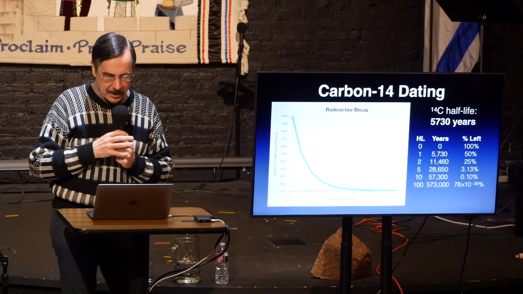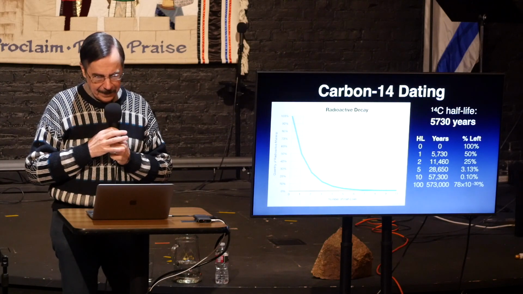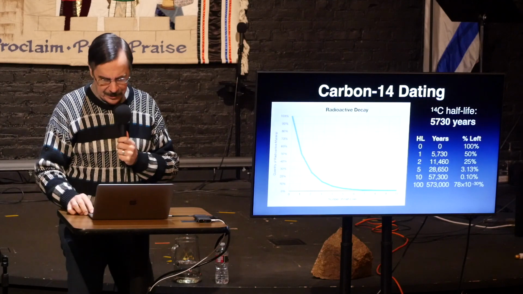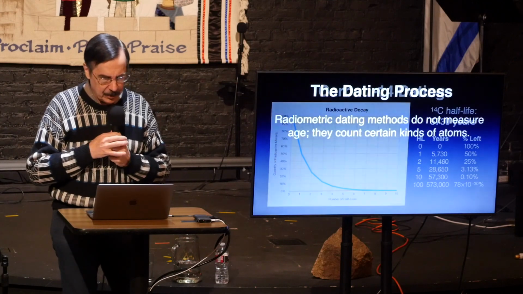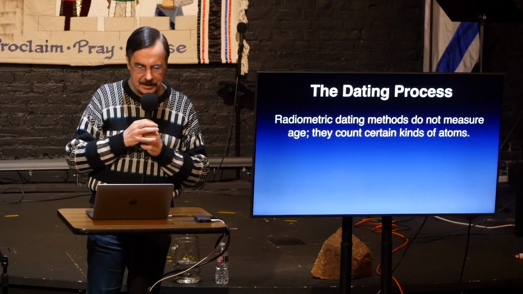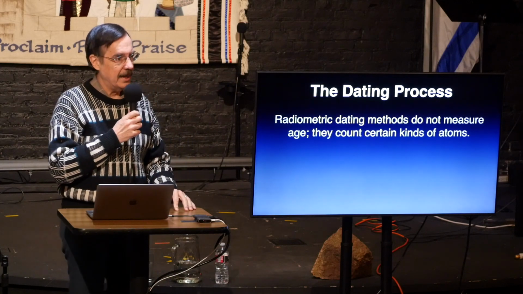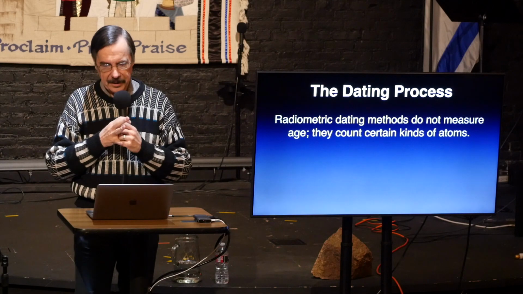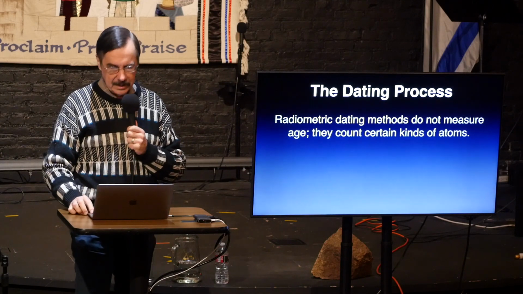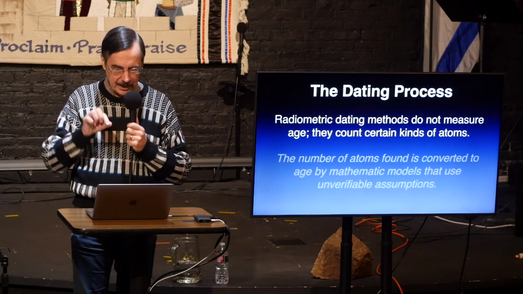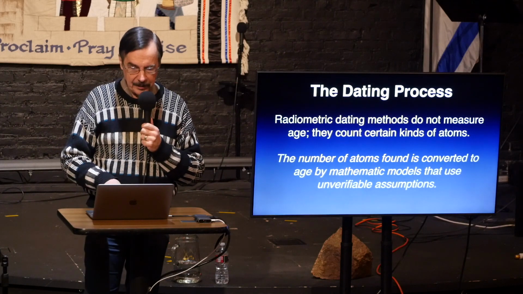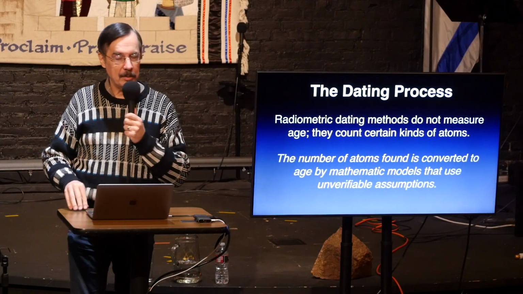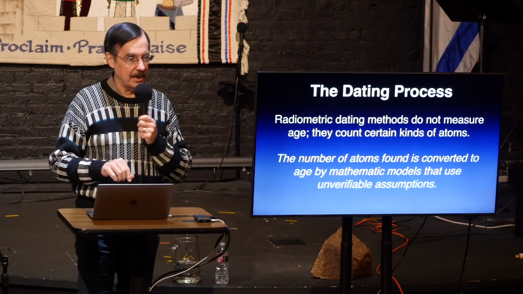You're going to run into problems here because radiometric dating methods don't measure age directly. They just count atoms of a certain type. And then the number of atoms you find is plugged into a formula, into a mathematical model, but the mathematical models have unverifiable assumptions that are also there.